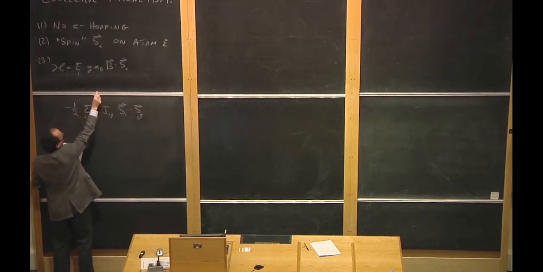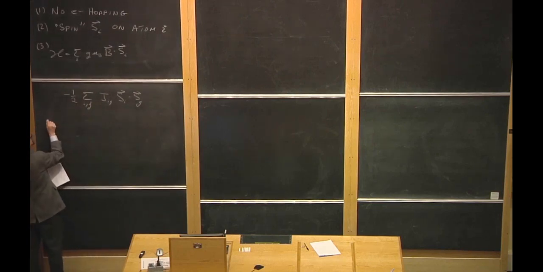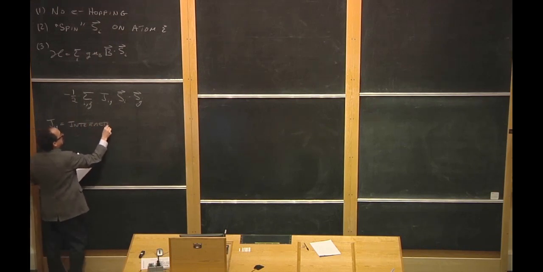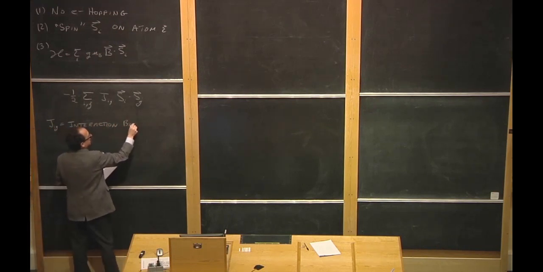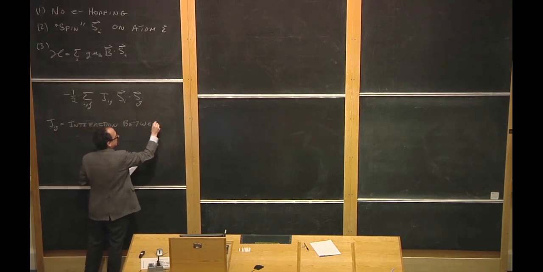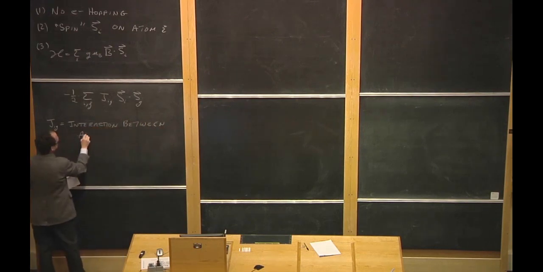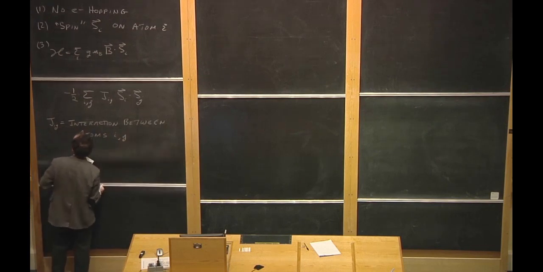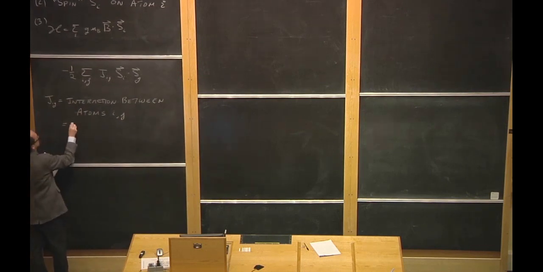So this term here is an interaction term. J_ij is the interaction between atoms i and j, and we will set J_ij equal to J_ji.